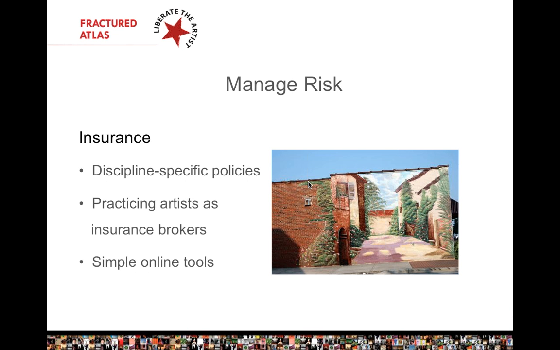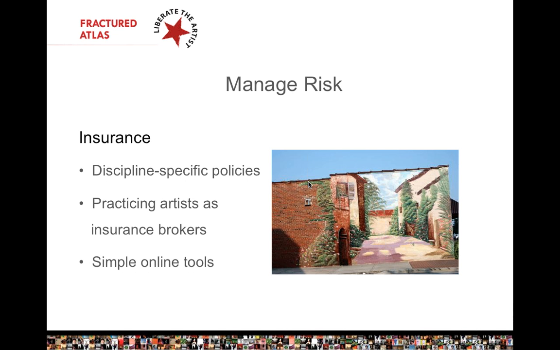That could be liability insurance, officers and directors insurance, equipment insurance if you're owning or renting something. Pretty much any type of insurance that you might need, we can typically help you find. We have discipline-specific policies, so these are really specific to your needs. So if you're a fire performer and you're coming to us, we can help you get insurance.